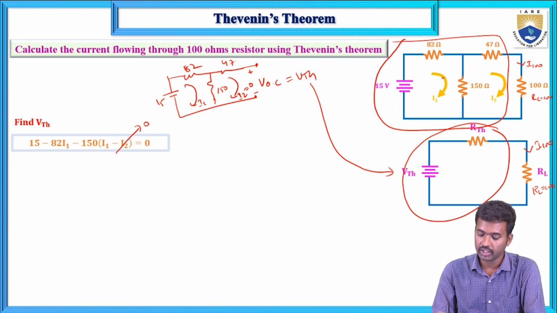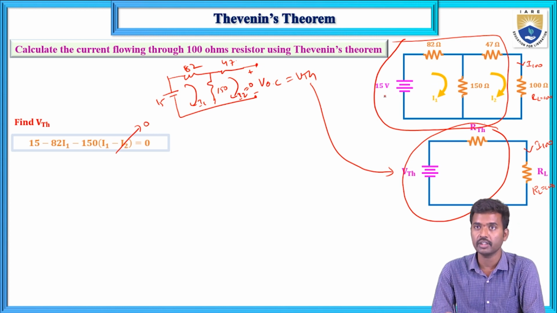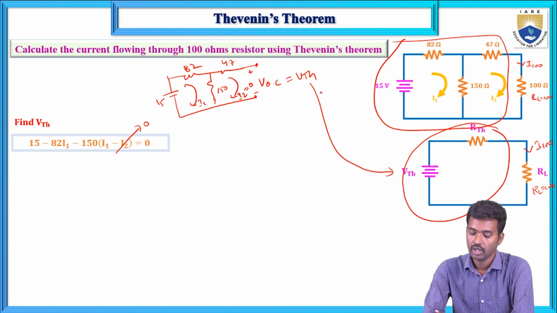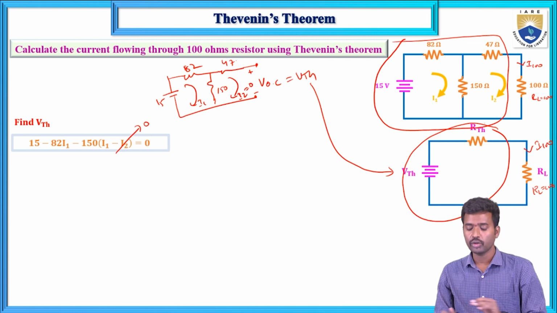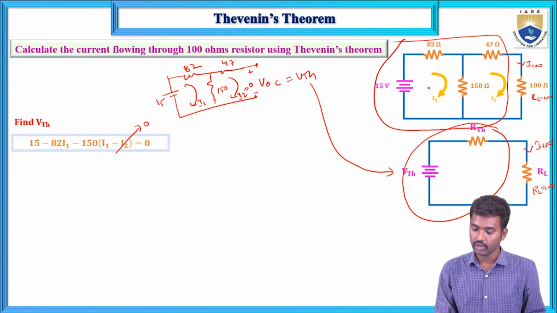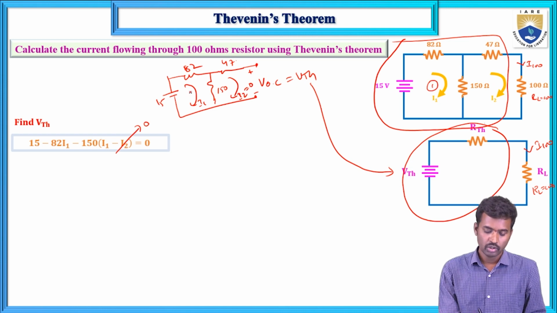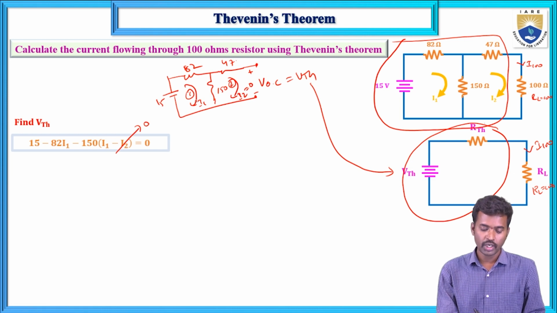If you apply KVL in the first mesh, from the mesh analysis I am calculating VOC. This is mesh 1 and this is mesh 2. In mesh 1, 15 is the rising voltage, minus 82 I1, minus 150 (I1 minus I2).